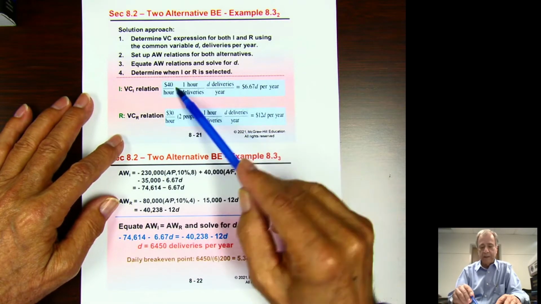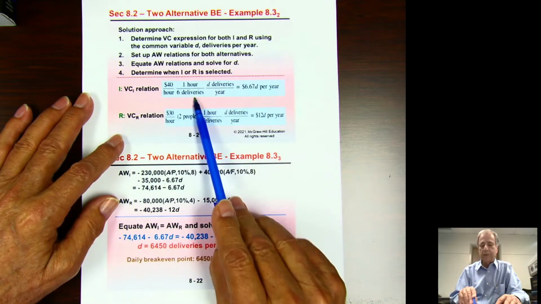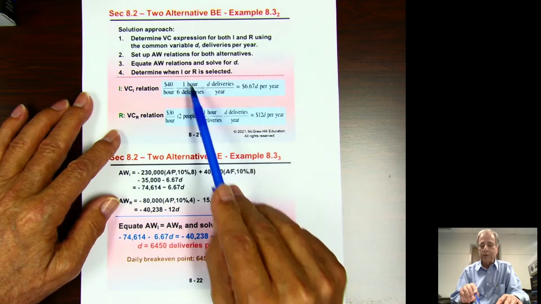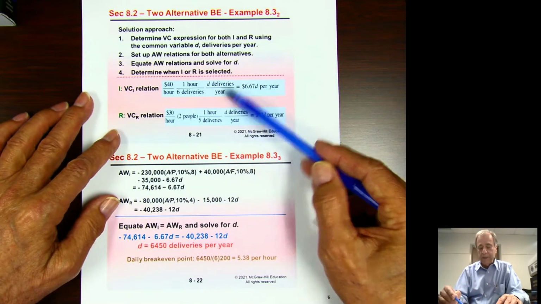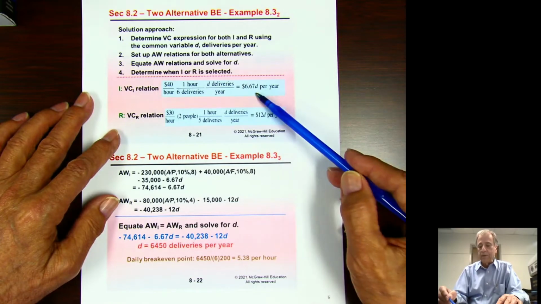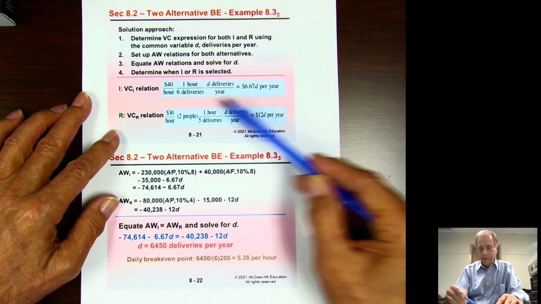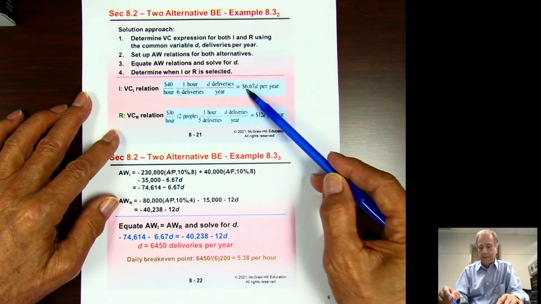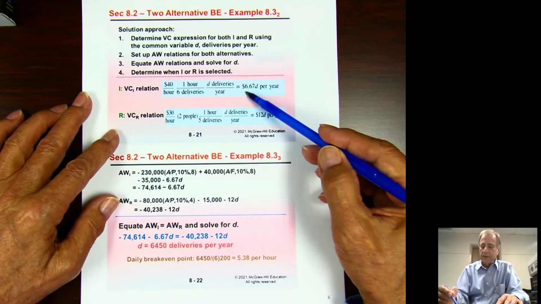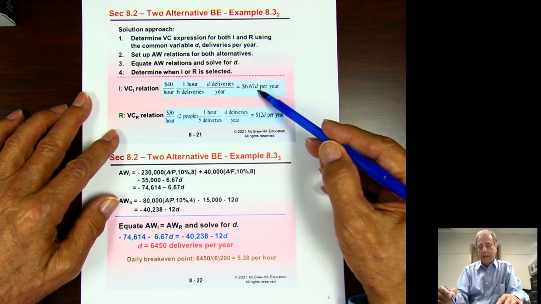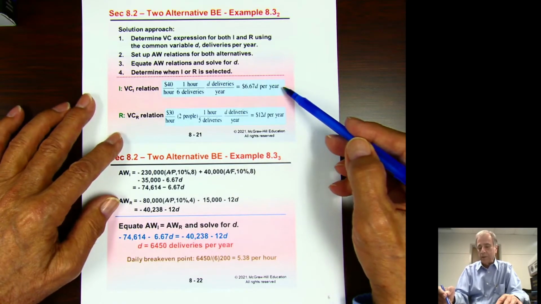You're basically dividing $40 per hour by 6 deliveries per hour to get dollars per delivery, and then you multiply it by deliveries. Deliveries per year will give you dollars per year. So it's 40 divided by 6 is 6.67. That's $6.67 per delivery times D deliveries per year will give us dollars per year.